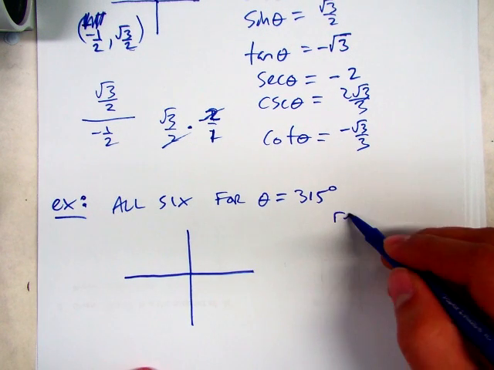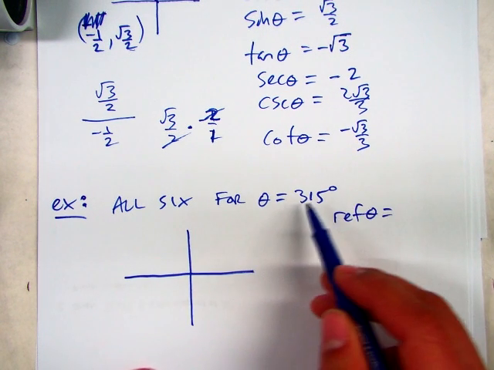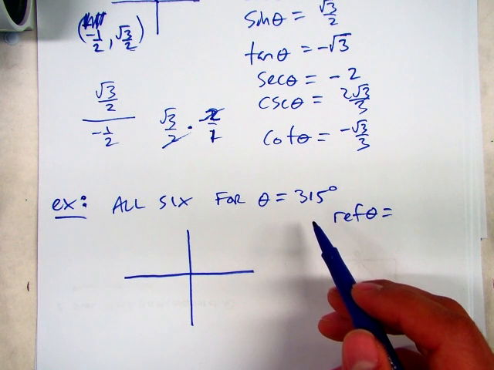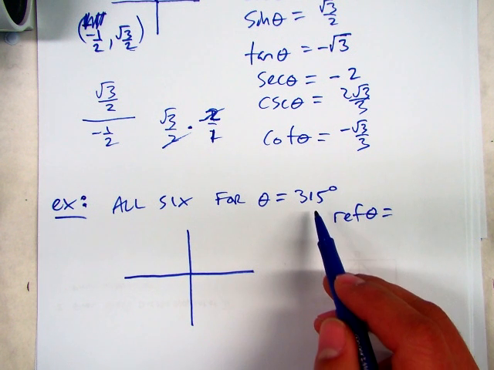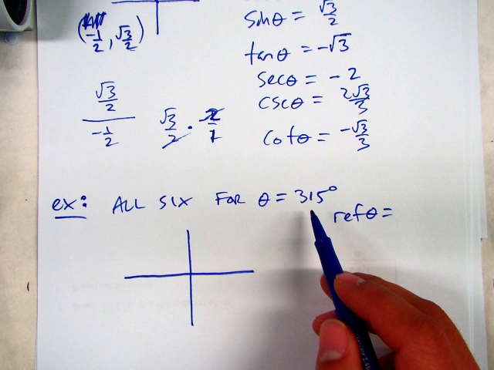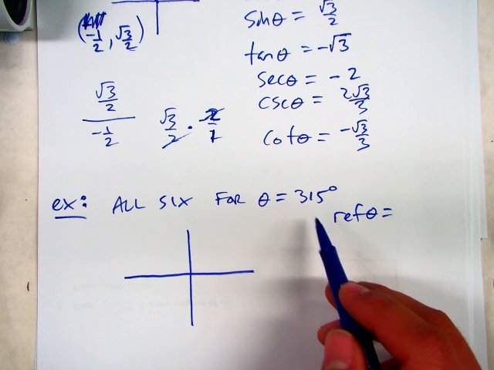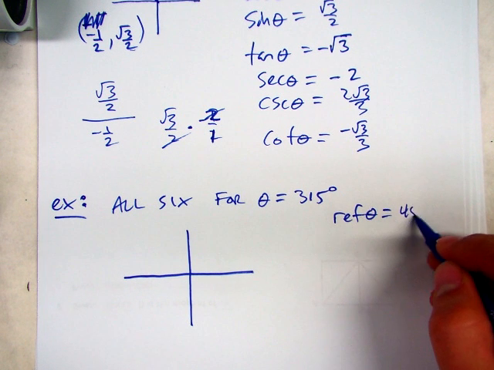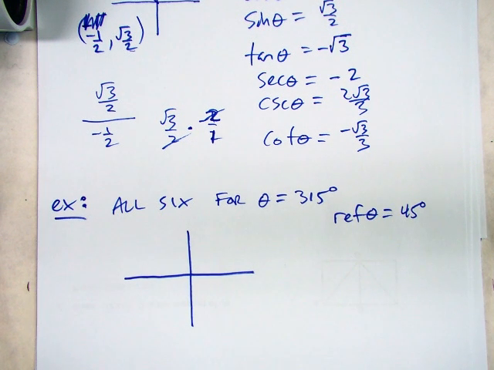Now, you may not know what angle we should be thinking about right away when it's in degrees. So here's how we do it. Is this closer to 180 or closer to 360? How far away is it from 360? So the reference angle that we should have in mind is 45 degrees.